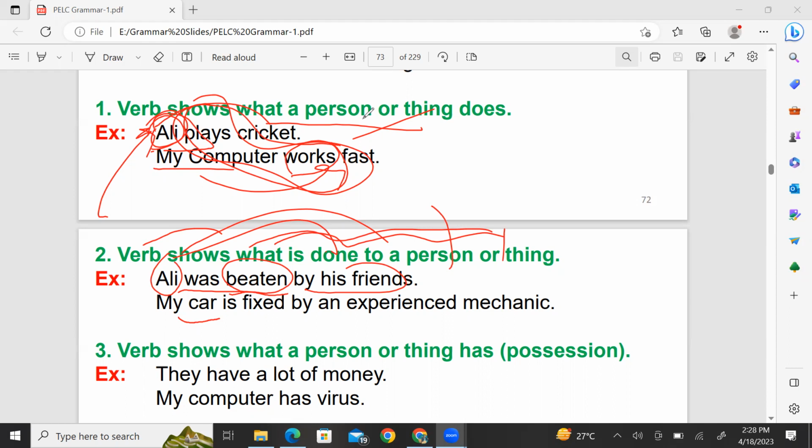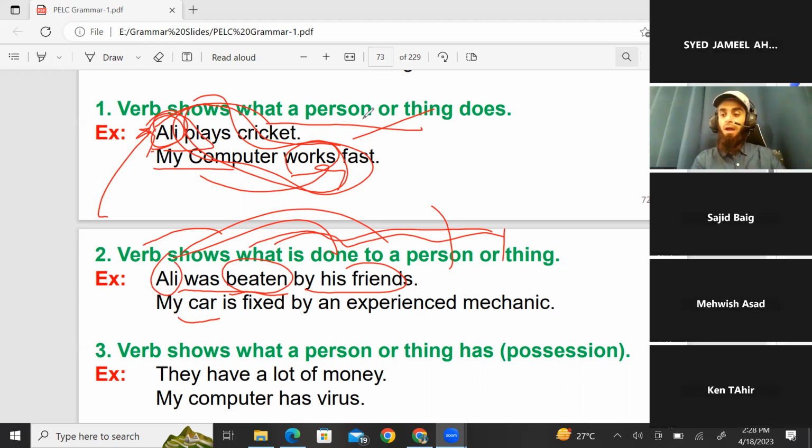Fixed. Yes, exactly. Fixed is a verb, and it shows something is done with the car.